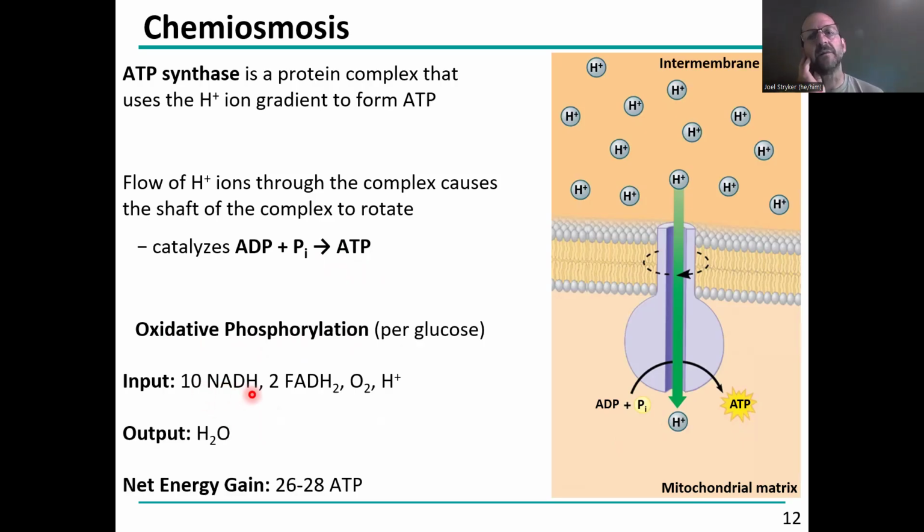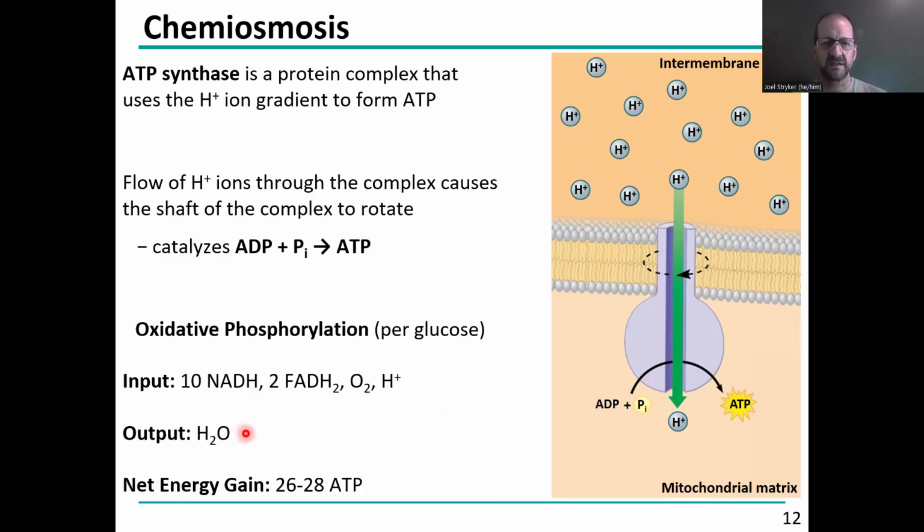Where did 10 come from? 2 from glycolysis, 2 from pyruvate oxidation, and 6 from the citric acid cycle. So yep, that is 10, right? 2 FADH2s, which came in from the citric acid cycle, some oxygen, actually 6 oxygen molecules, and some H pluses. The only major chemical output is just some water.